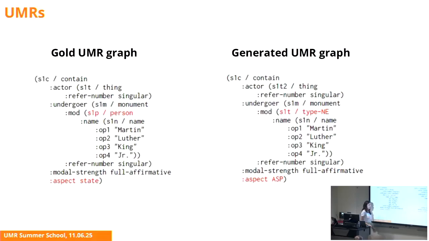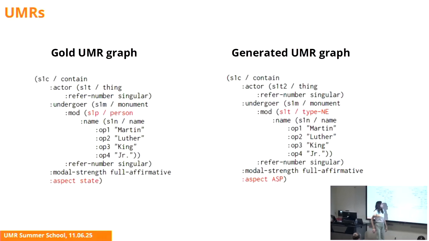One, as I said, is aspect, so we are not able to extract the state value of the aspect attribute, but we can at least insert in the graph a placeholder, so that the annotator doesn't have to remember that they have to annotate aspect, they just have it there, and the only thing they need to do is replace the placeholder with the correct value.